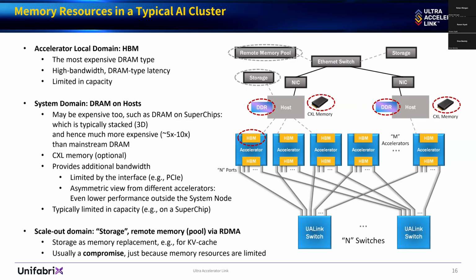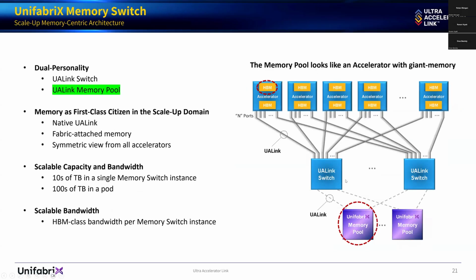Excellent. Next question, does the radix of the UALink switch change or increase with the inclusion of this new memory fabric? The memory fabric itself connects natively to the UALink switch, meaning it connects to standard UALink ports, and it connects as another accelerator.